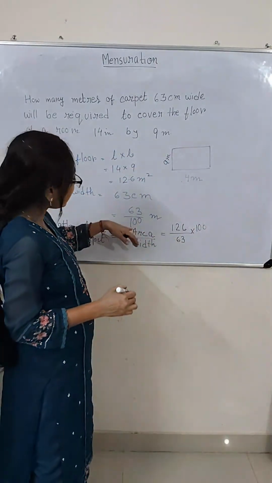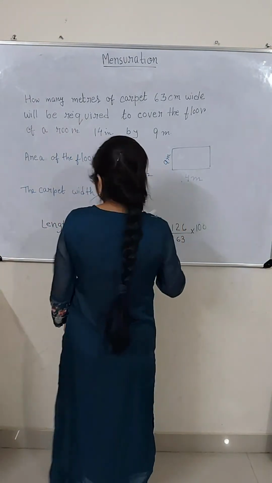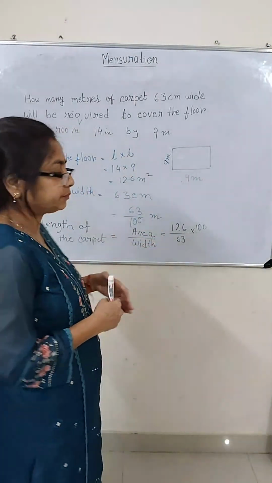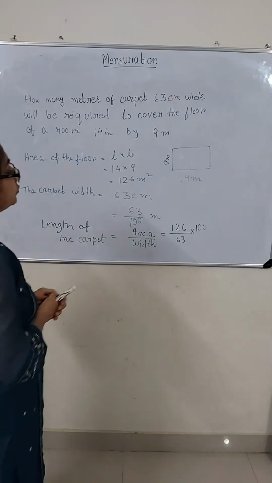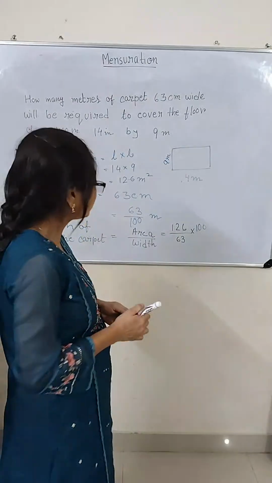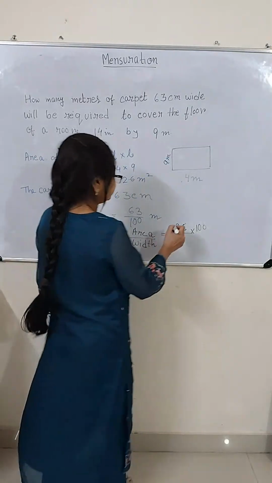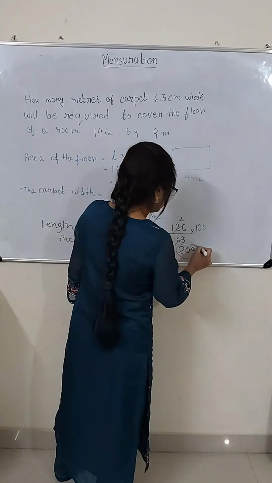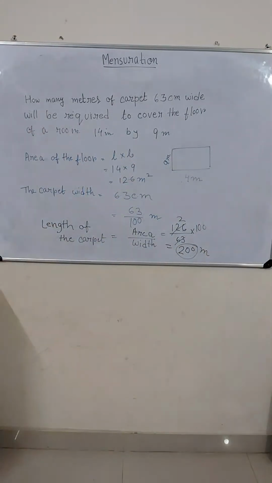Because 100 is at the bottom, so it becomes the multiplier up. You calculate, I give you 1 minute, and after that I complete it. It is a very easy calculation. We complete it. 200 meter is our answer.